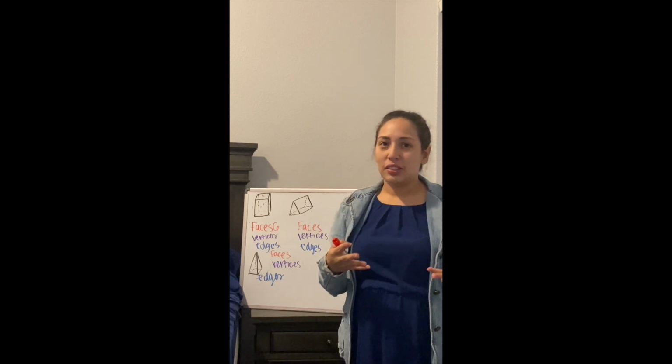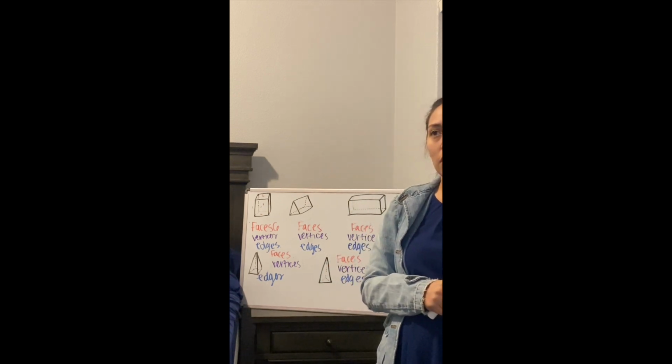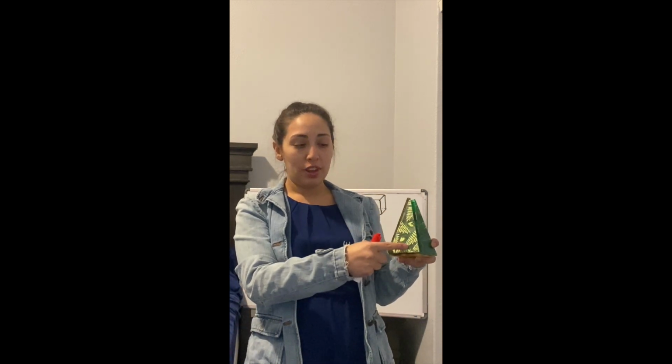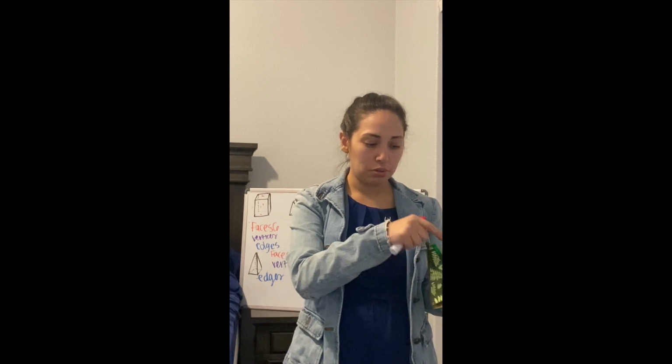So what are faces? Faces are flat surfaces on an object. Like this would be a face, and then the bottom, and then another one, this one, 2, 3, and then 4, and then 5. Okay.